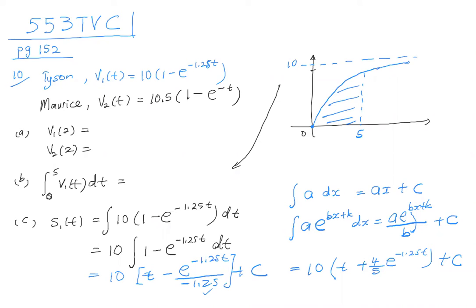So let me continue in the next one. S1(t) is equal to 10t plus 4/5 e to the power of negative 1.25t plus c.